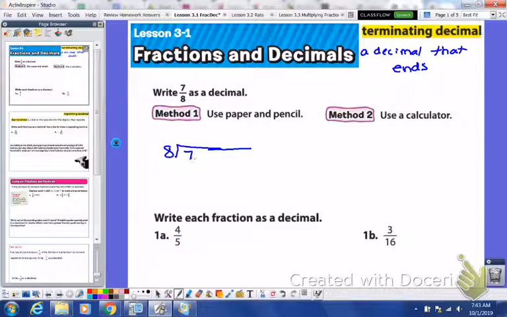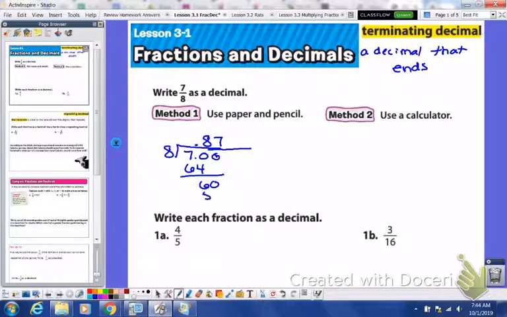Well, we know 8 is not going to 7, so we're going to add a 0. 8 goes into 70 8 times. Bring our decimal up. So 64. Bring down another 0. So that goes in 7 times.